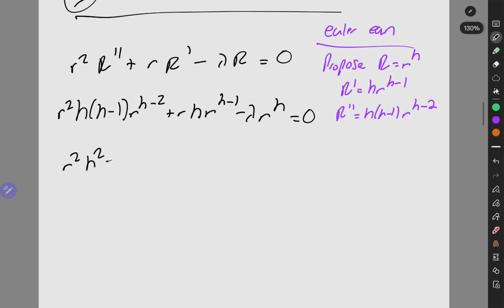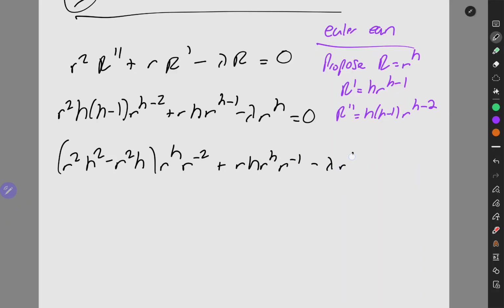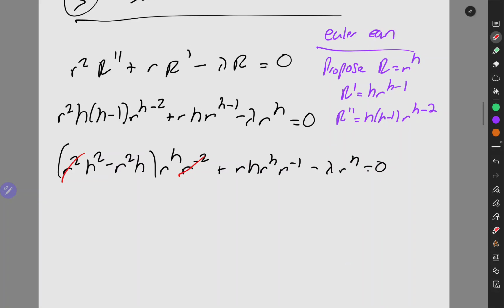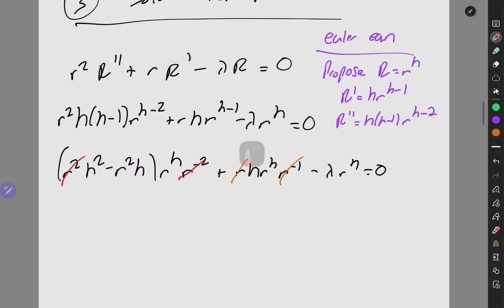Let's go ahead and multiply this through. As you can see, this cancels with this, this cancels with this, and this too. And we're just left with the r to the h.